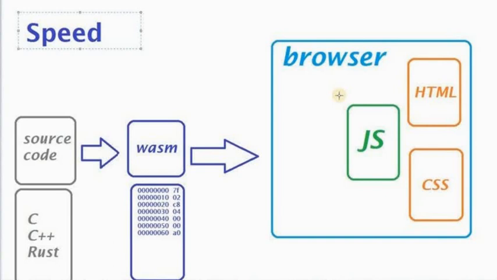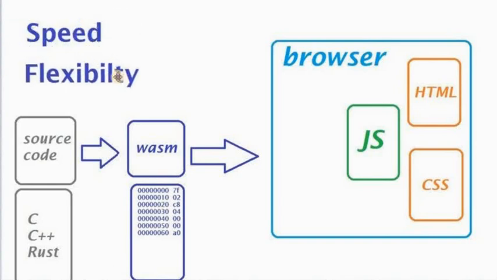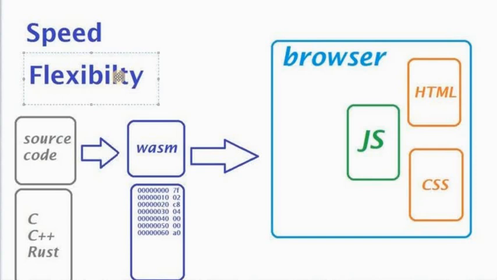As I said, WASM is not going to replace JS, but where we require more computing, we are going to use WASM. The second thing is flexibility. Right now if you have to do anything, we depend on JS. Anything we do for the browser is written in JS. However, now you give developers the option to use C, C++ or Rust to write functions which can be used within your browsers. That's flexibility.